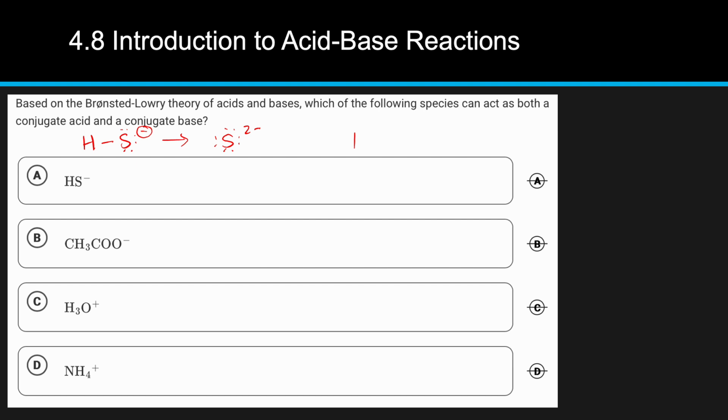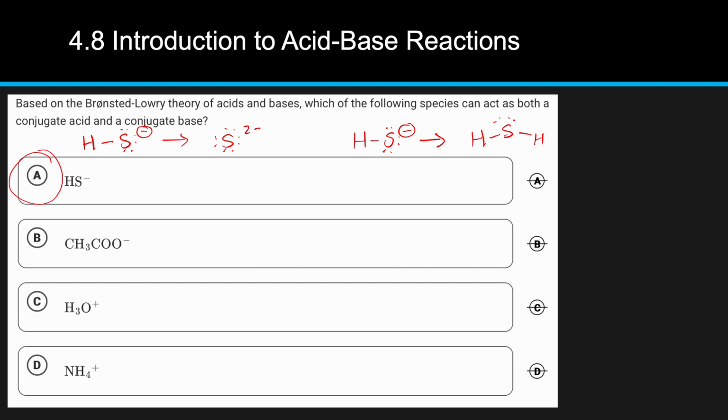Or I could take that HS minus and donate one of those lone pairs as a bond to an incoming proton. So that would form H2S. So A is actually our answer because it can do both.